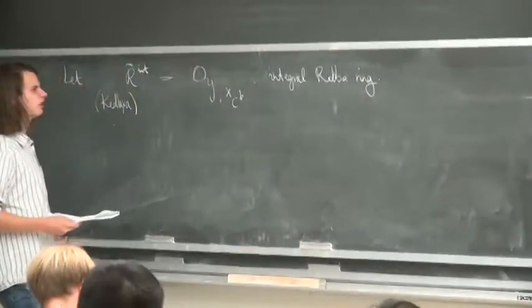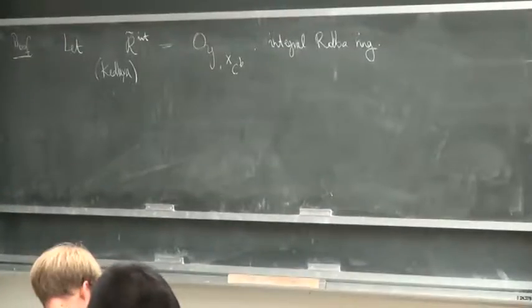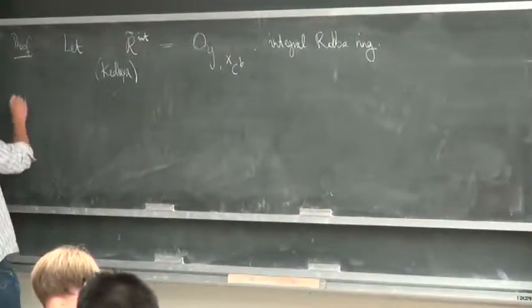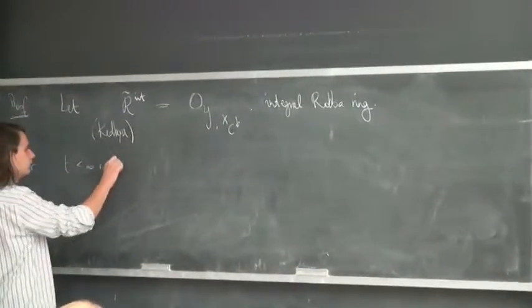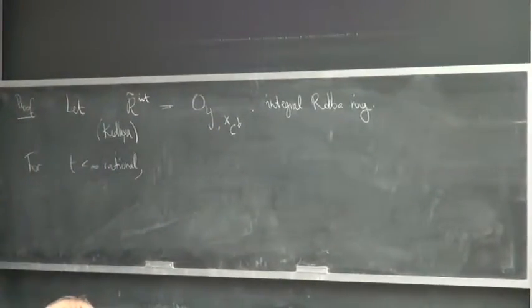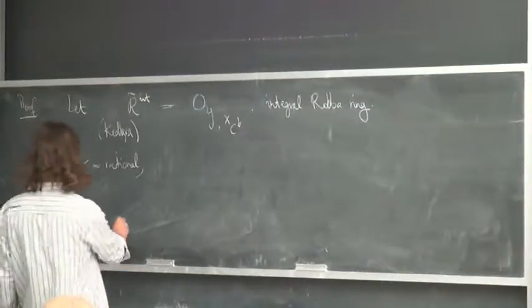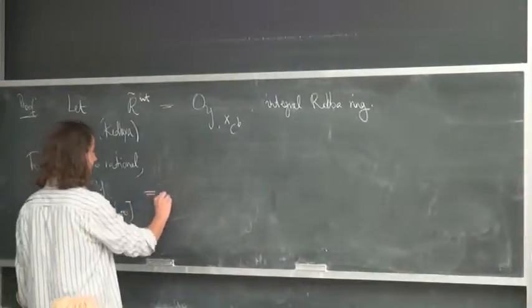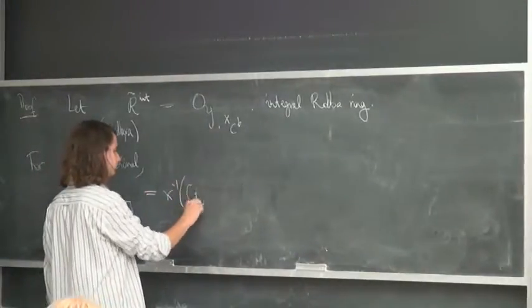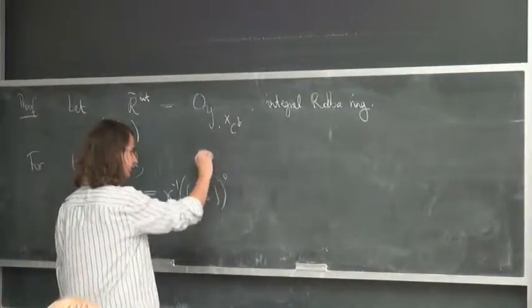So actually, how can one describe this? If I have t less than infinity, a rational number, I let Y from t to infinity be the inverse image of this interval. But actually I have to take the interior.